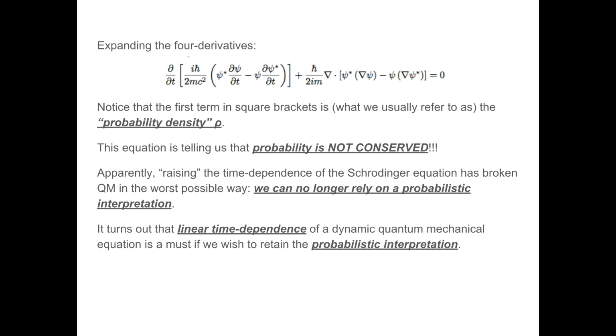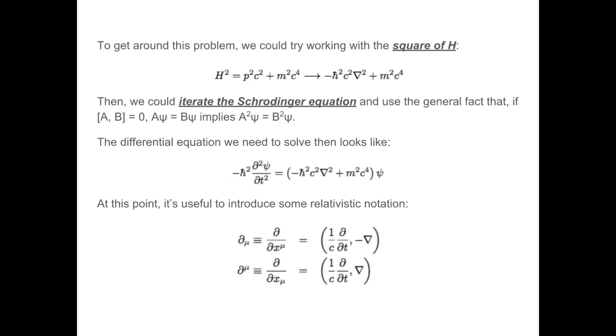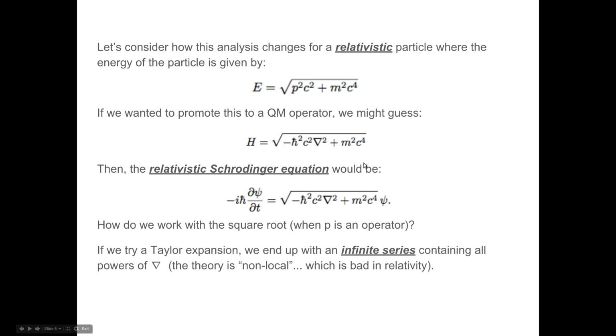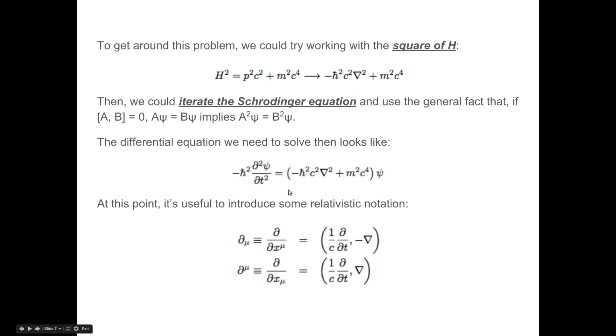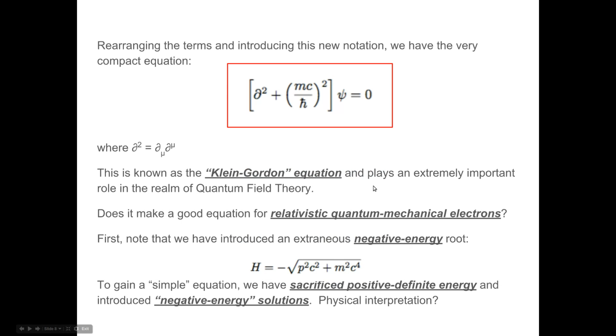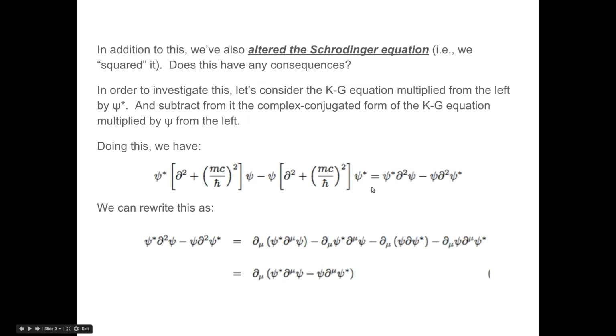Another way to think about it is that we raised the time dependence of the Schrodinger equation, which is what we did. When we went from our original Schrodinger equation, we basically squared both sides, the operators. So we've raised the time dependence to quadratic. Over here, we're still at del squared, which the non-relativistic Hamiltonian has.